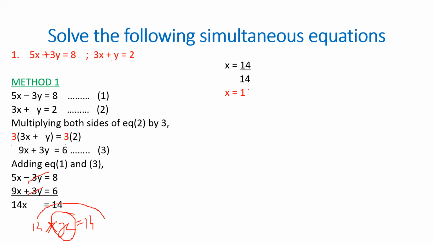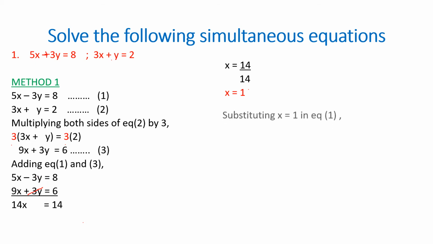Now once you get the value of x, you can easily find out the value of y by substituting it in any equation of your choice. For substitution, you can use equation 1, equation 2 or equation 3, whichever you wish. So I say that substituting x is equal to 1 in equation 1, and see what I get.